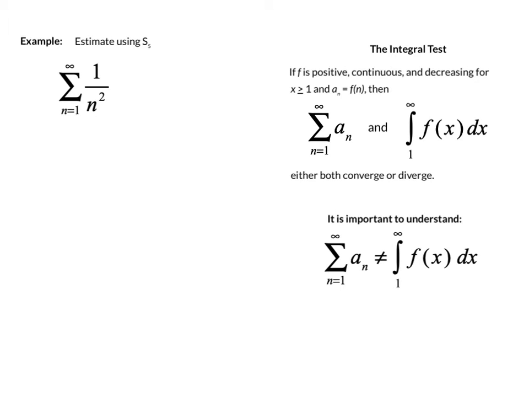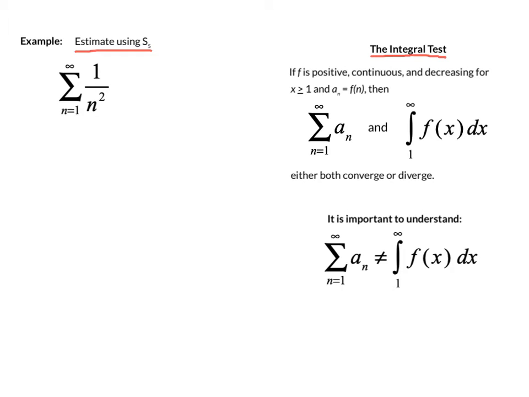And so here we're going to estimate using S sub 5, that means the sum using the first 5 terms. And we know it's going to be convergent by the integral test. The integral test states that if the corresponding improper integral is convergent, then the infinite series is convergent. And we have this special case of the integral test, a nice thing called the p-series test.